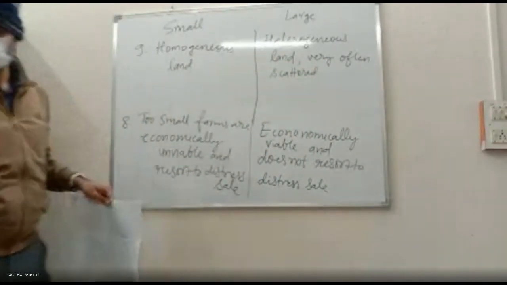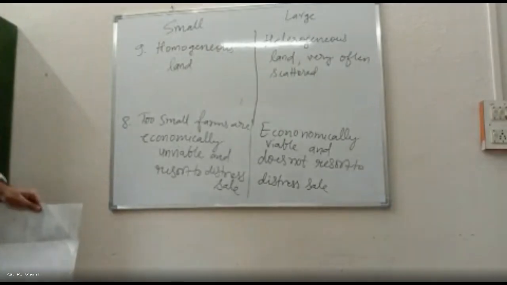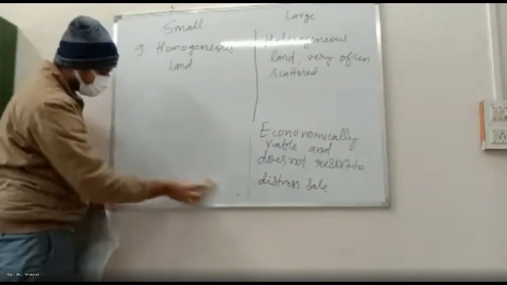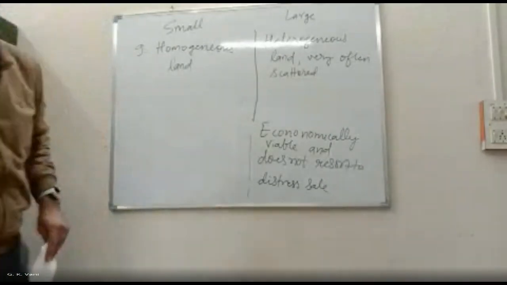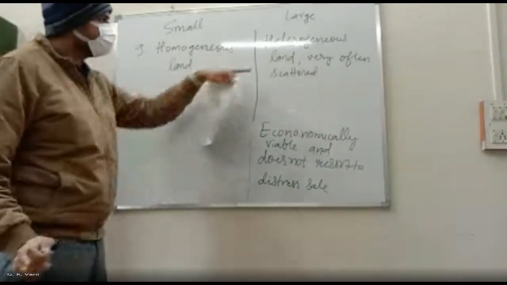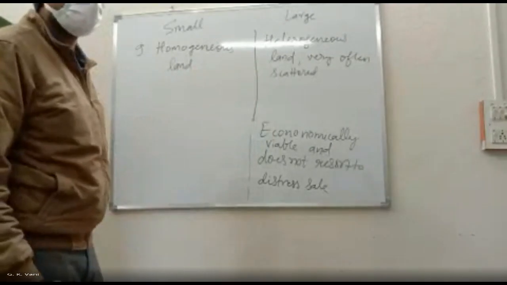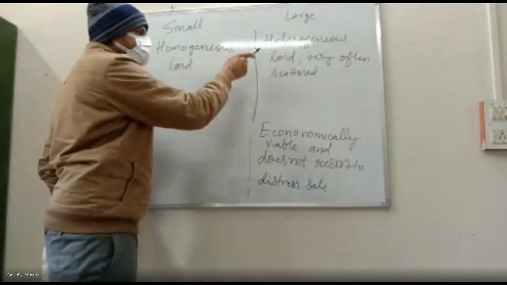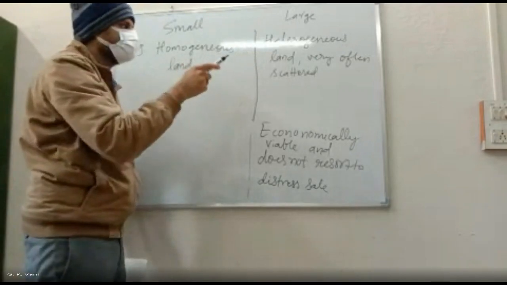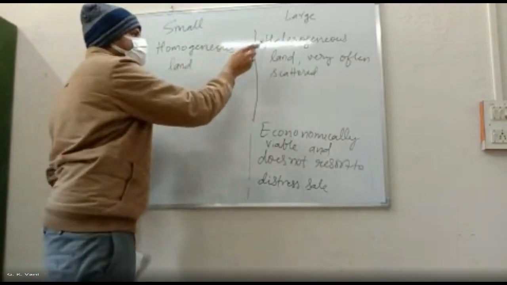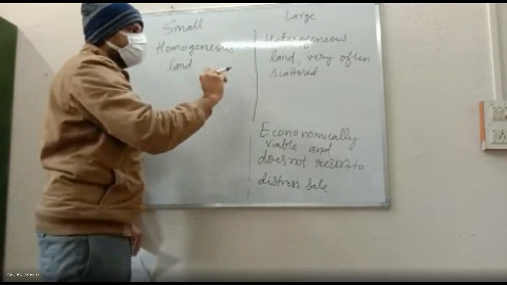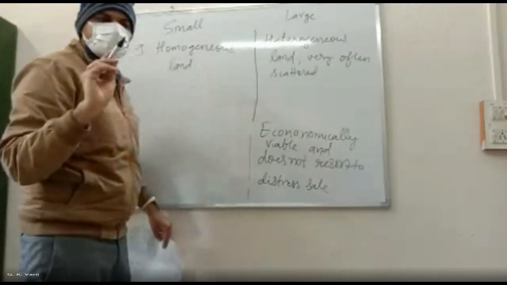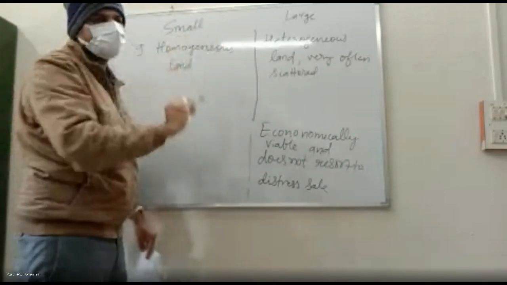So what is the problem if it is not homogeneous? The problem is they have to plant different crops for these different heterogeneous plots within the farm, and that planning takes a lot of time, and they often have to sow different varieties suited to these different plots.